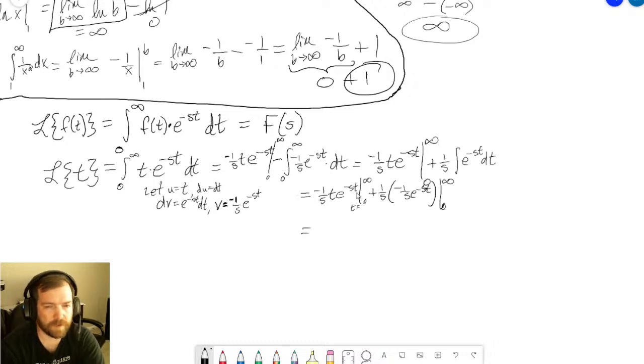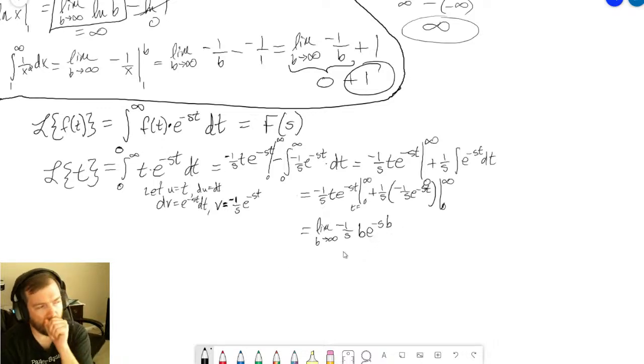So what's that going to be? Well, you can plug in infinity into all of these individual pieces. Again, we can't technically do it, but you just say, okay, I'm going to take the limit as b goes to infinity of negative 1 over s times b e to the negative sb. In this particular case, you have to look at what's known as the hierarchy of functions and say, well, which one's going to happen faster?